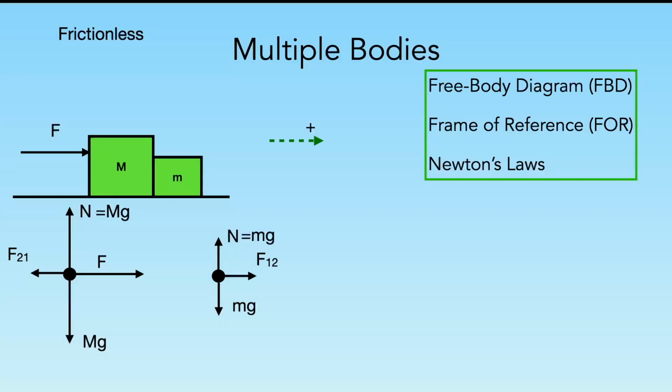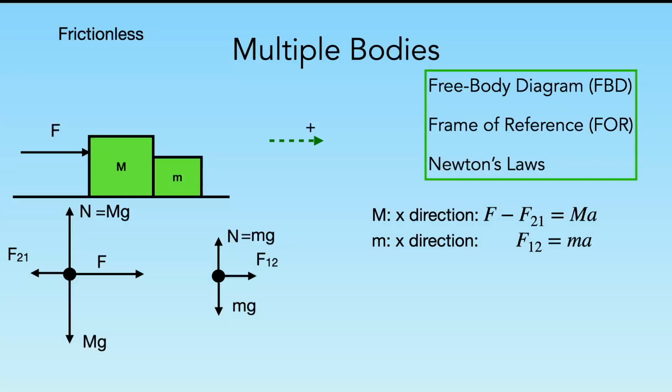For the second box, I can do the same thing, little mg. And I can get to my Newton's laws. So in the x direction, for the big M box, F in the positive direction minus F21 equals Ma. For the little box, F12 equals ma.